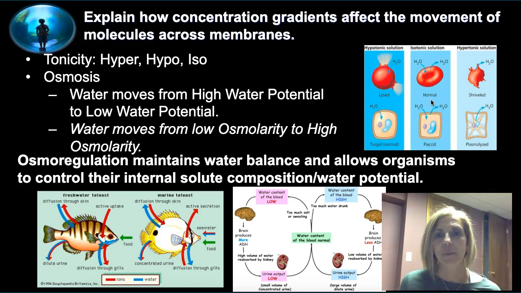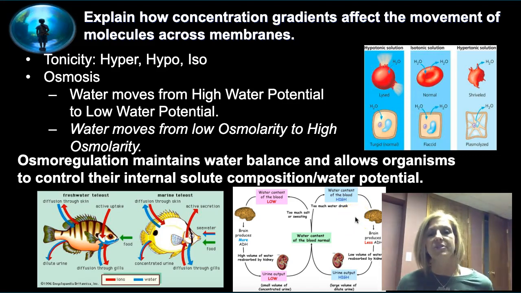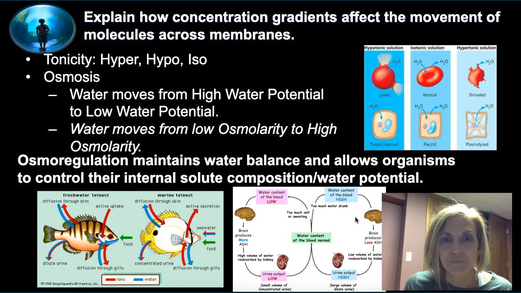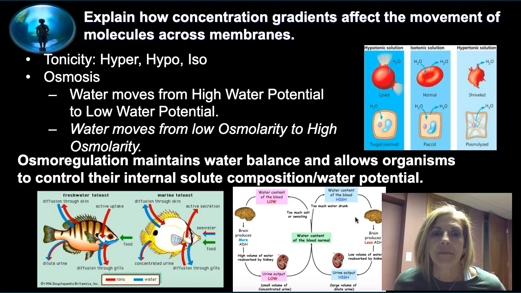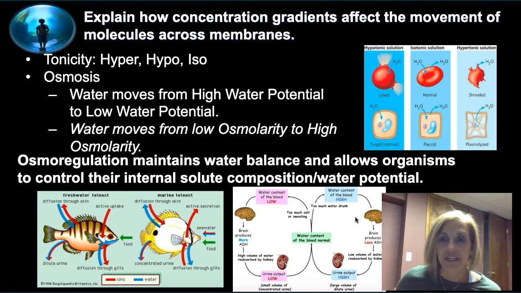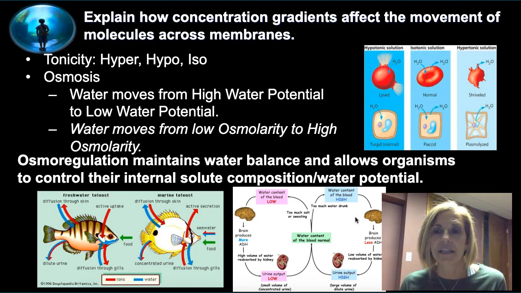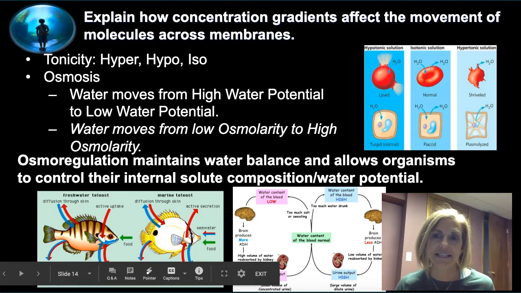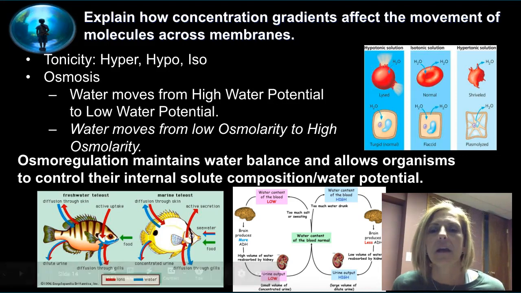Osmoregulation maintains water balance and allows organisms to control their internal environment. Here are a couple of examples. Again, this is a piece we didn't get to yet, the body systems, where the body systems become an example of the other topics. When you are dehydrated, for example, your kidneys will try to conserve water, holding on to it by releasing less in the form of urine.